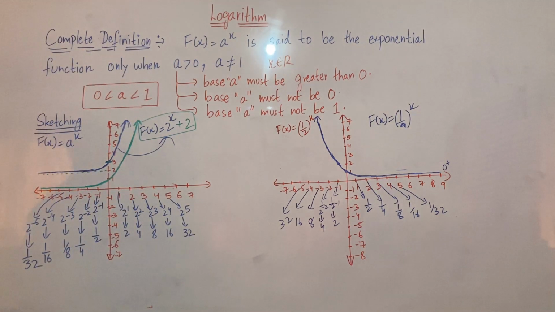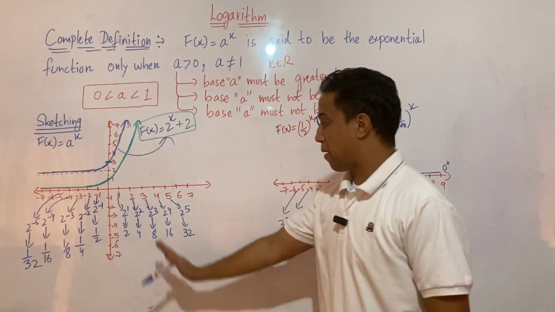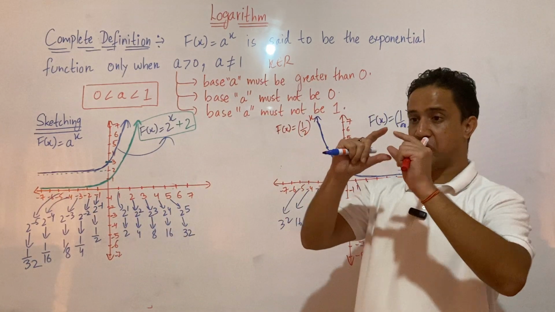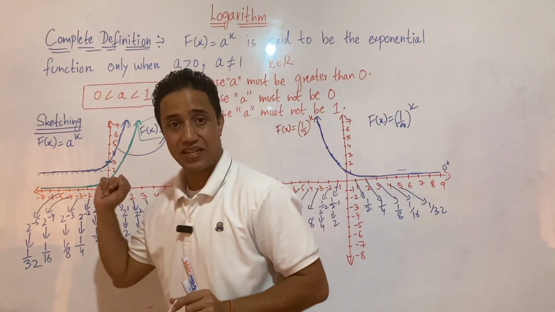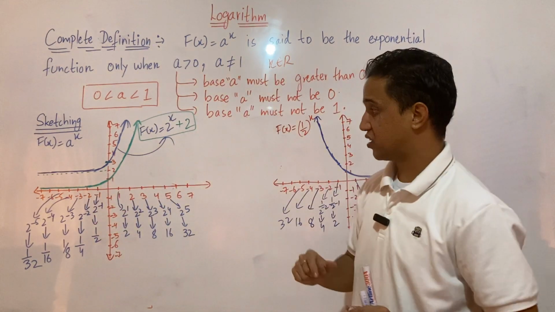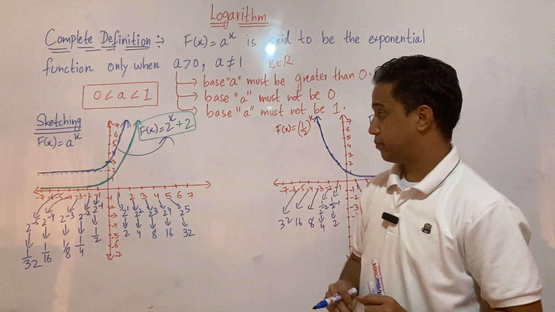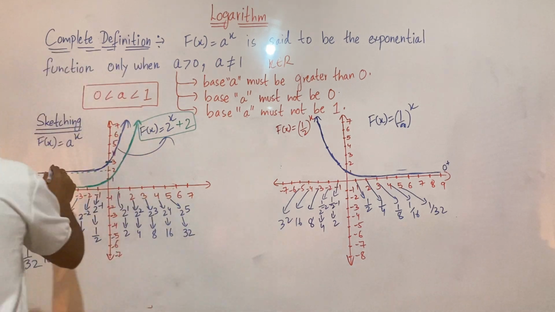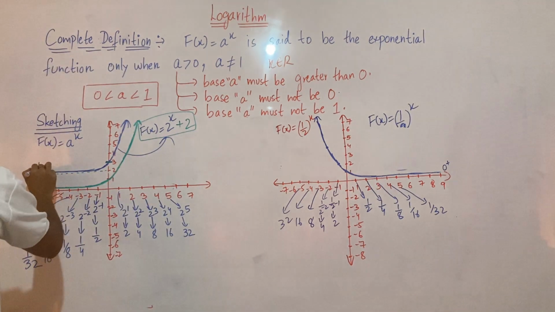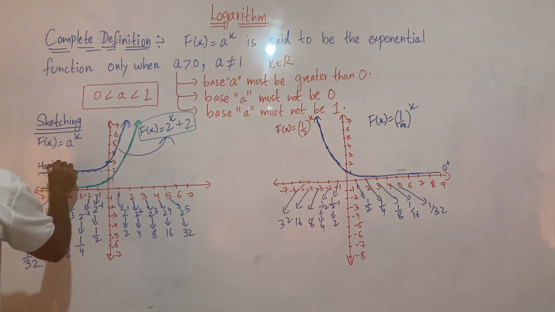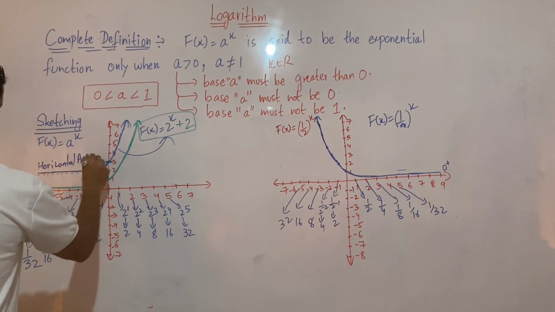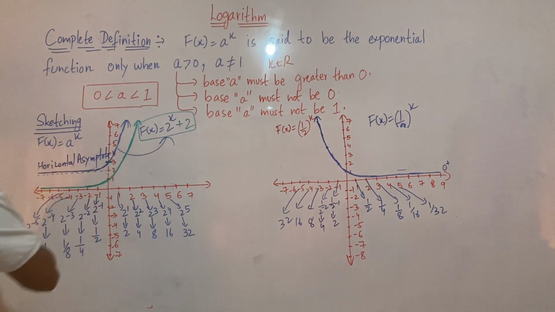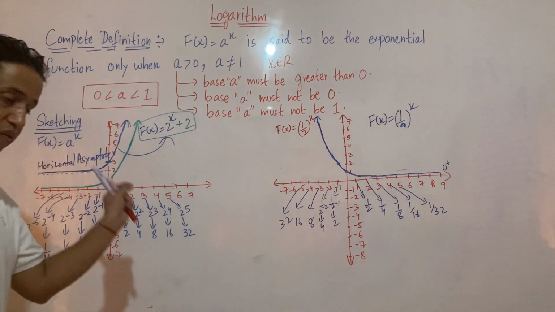This part of the graph that tends towards 0 but is not really 0 is known as the horizontal asymptote. Okay, horizontal asymptote. So there is no problem.